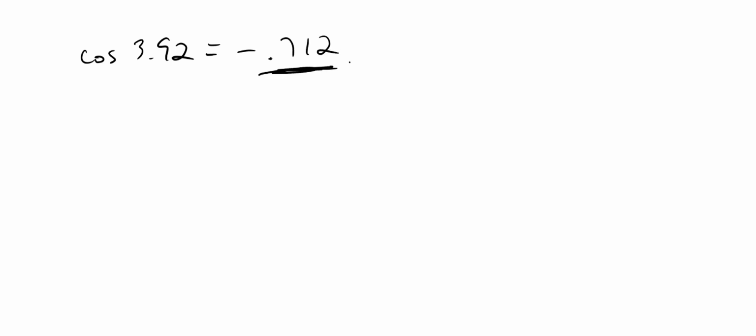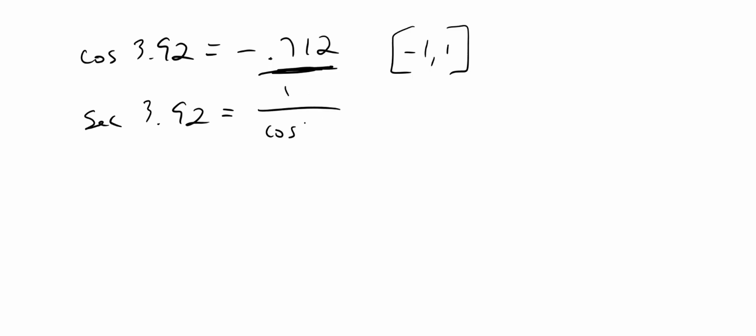Super easy. And remember, these values for cosine and sine are all between negative 1 and 1. That's the range for these values. So if I type in the secant of 3.92, it's 1 divided by cosine of 3.92, which is negative 1.404. Again, it's the reciprocal of that answer of 0.712.